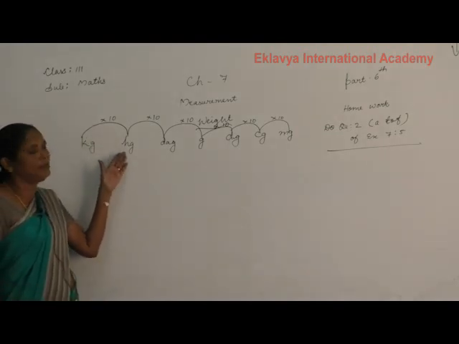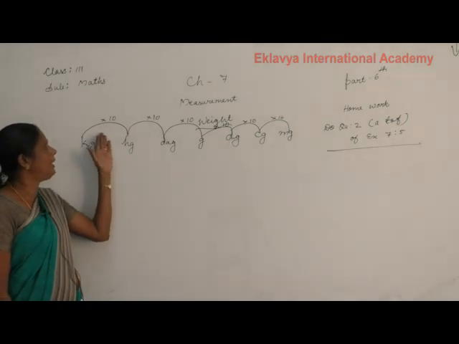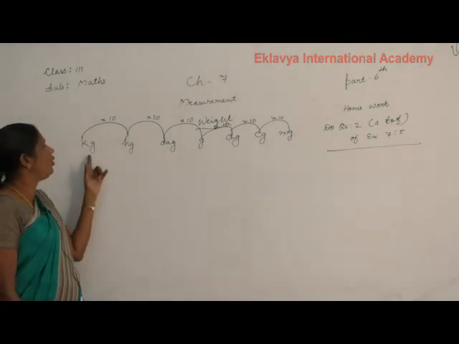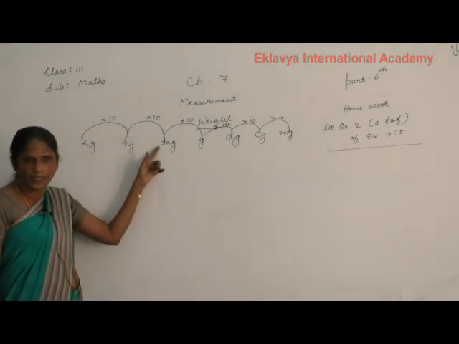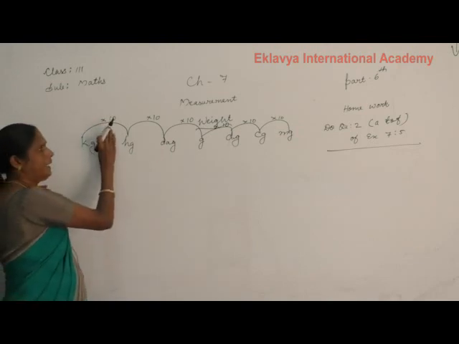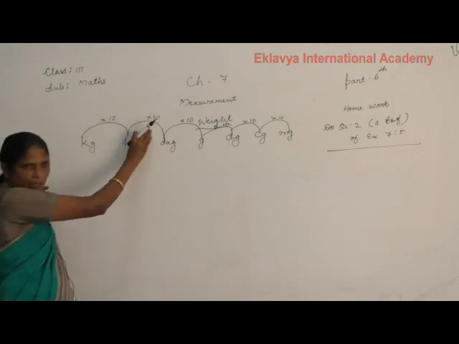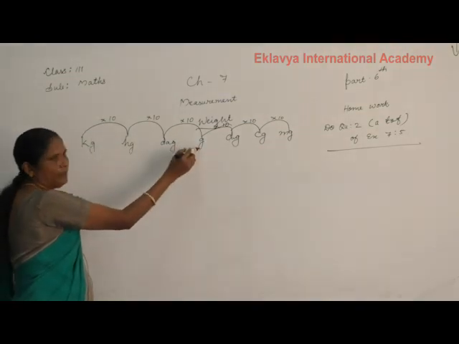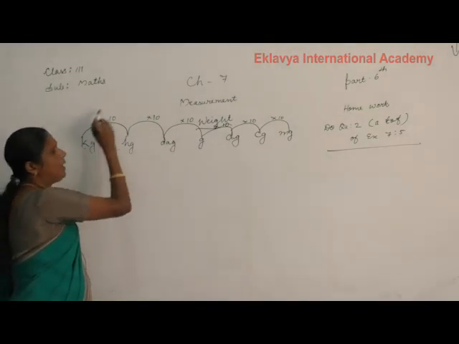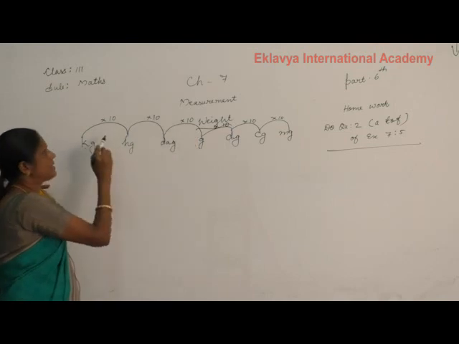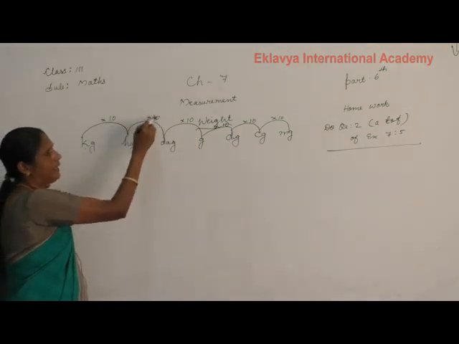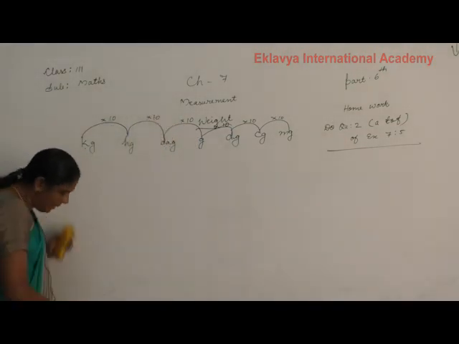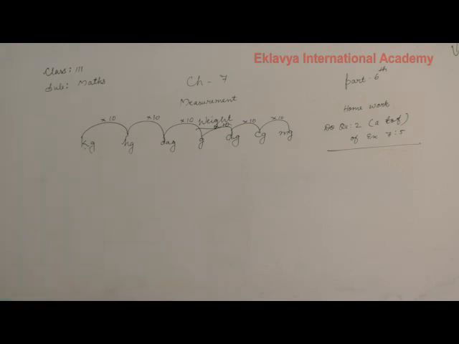Kilogram into hectogram, we multiply by 10. Kilogram into decagram, 10, 100, we multiply by 100. Kilogram into gram, the distance is 10, 100, 1000, we multiply by 1000.